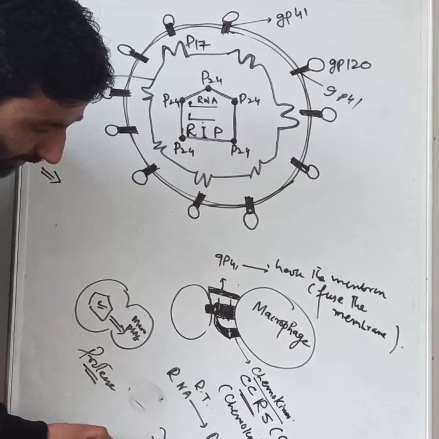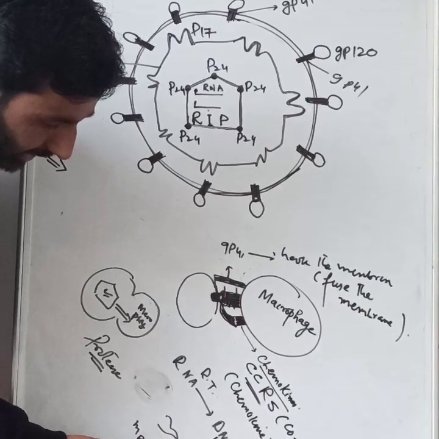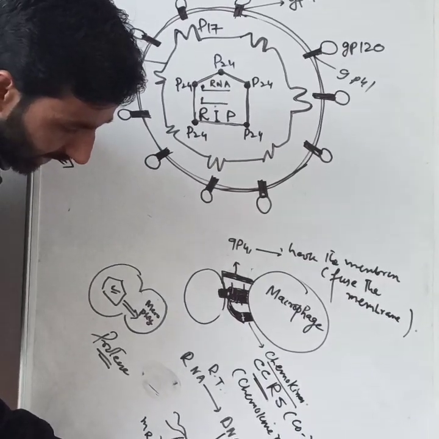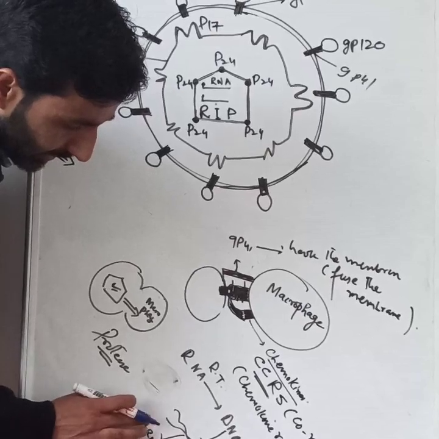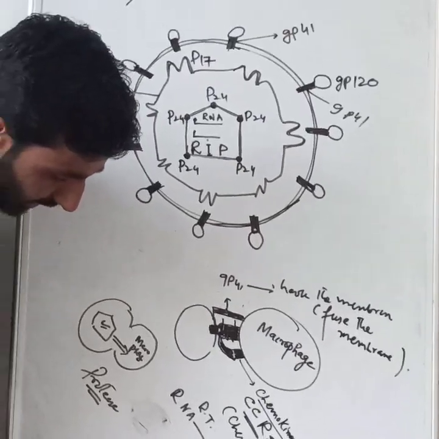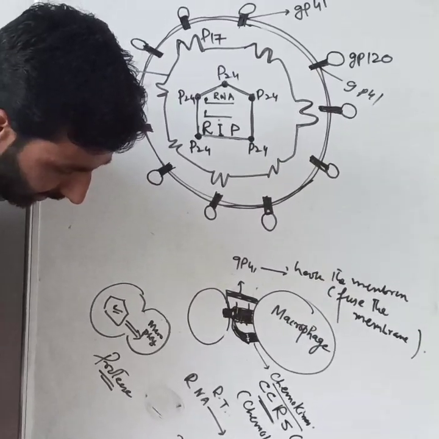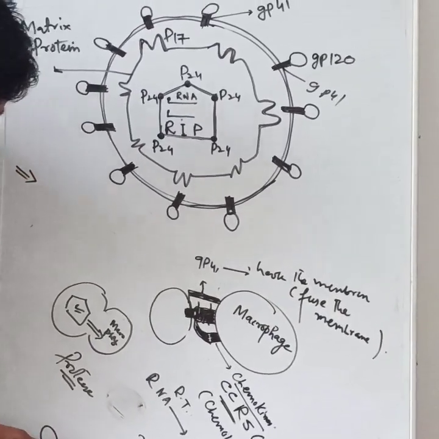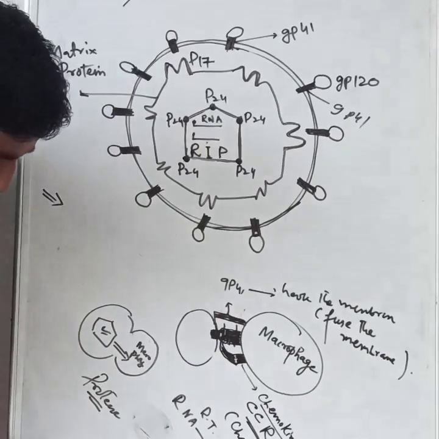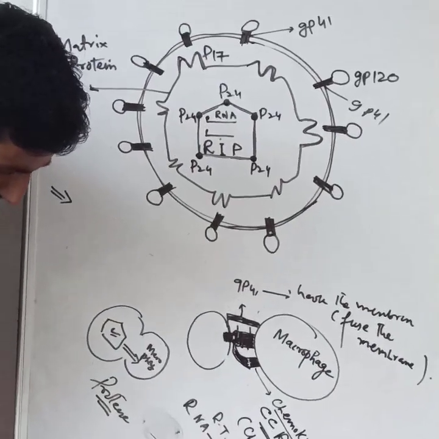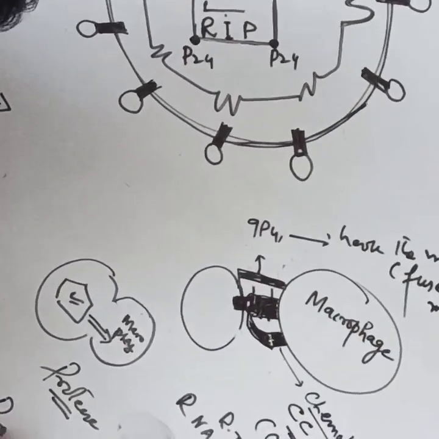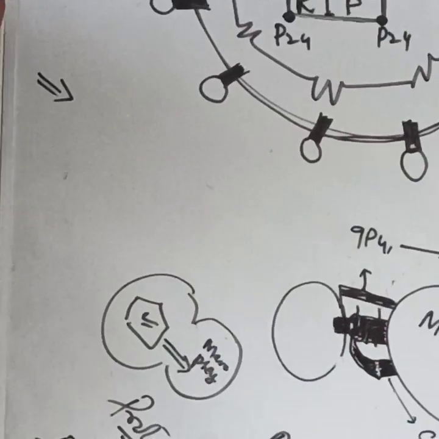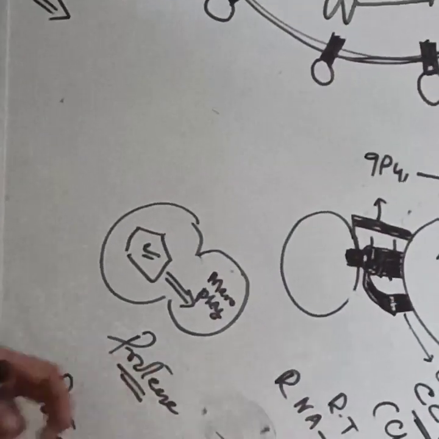Then this will form genomic RNA and messenger RNA. This messenger RNA will produce the viral proteins. Long viral polyproteins will be formed, and these are cut into smaller proteins by the enzyme protease.